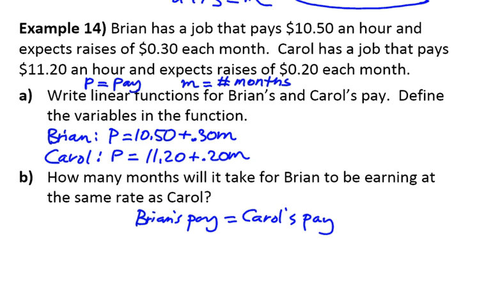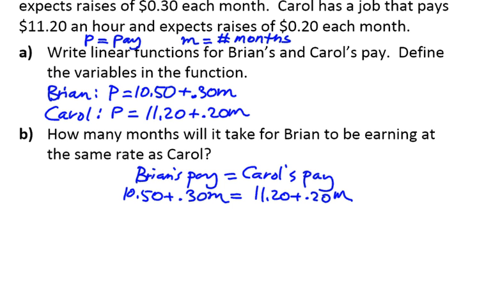That's our question. So Brian's pay is going to be $10.50 plus 30M, 30 cents times M. Carol's is $11.20 plus 20 cents times M. So we got some extra zeros there.